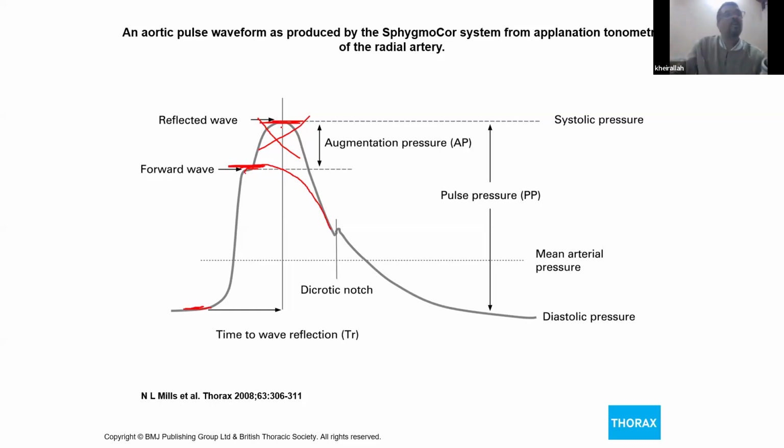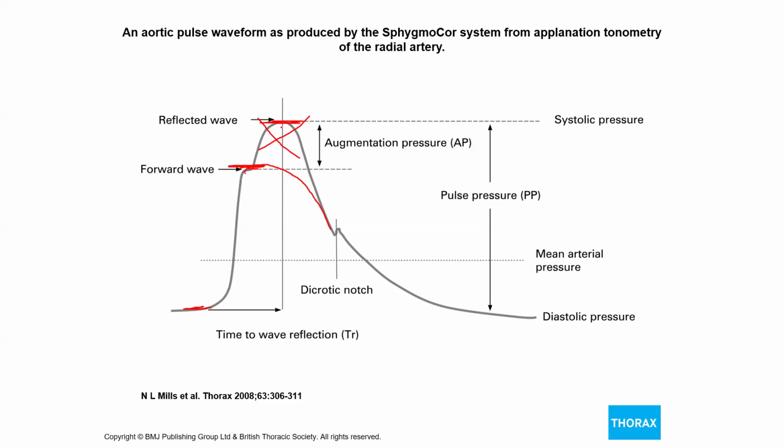Now this augmented pressure, as we know now, the mechanism is just running through the circulation and accumulating reflected waves. Do you think it increases as we go distal in the circulation or proximally? If you check the blood pressure in the aorta and compare it to the blood pressure in the femoral artery, which one do you think is going to be higher?